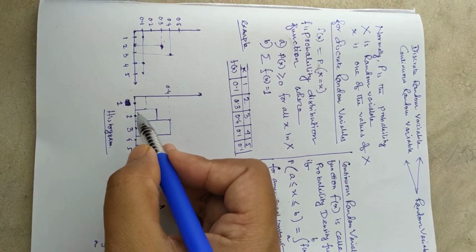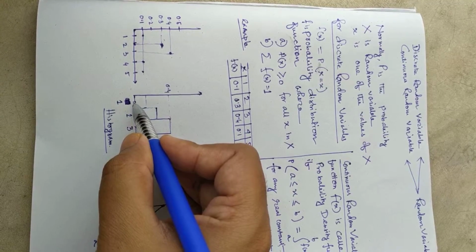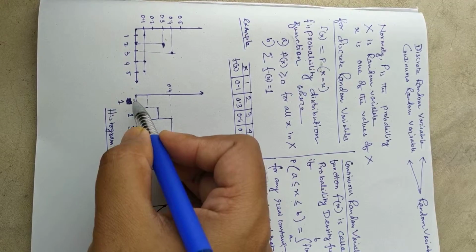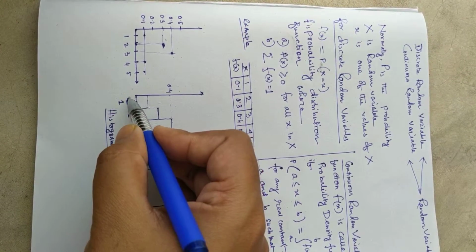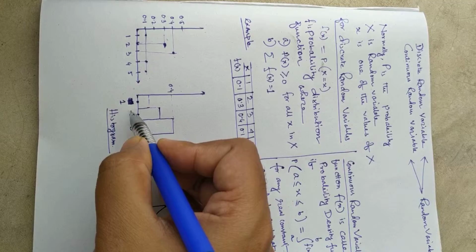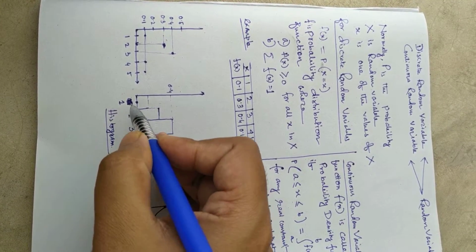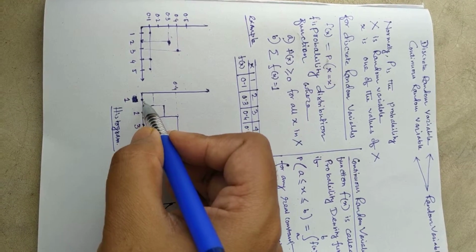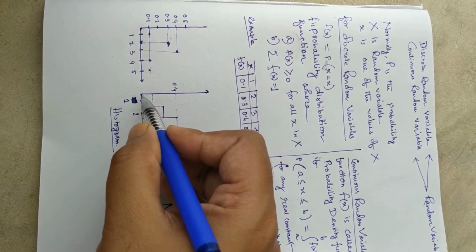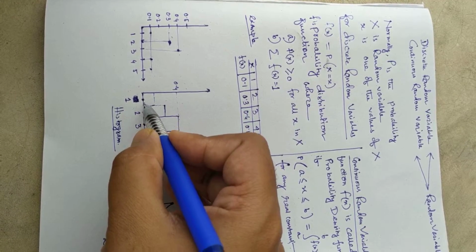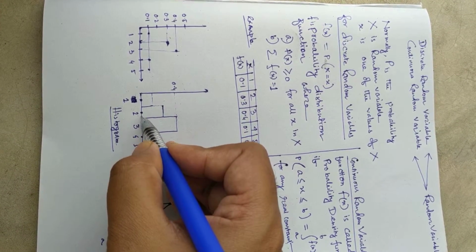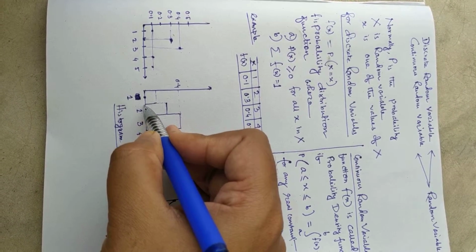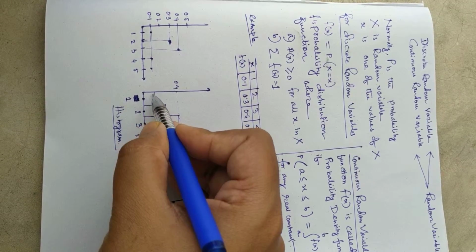The length of each block will be 1, and the point 1 will be the middle of its block, so this will be 0.5 on each side. The total length of this section is 1, and here the height is 0.1, as we have seen.